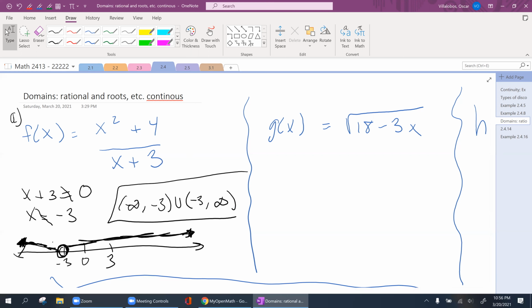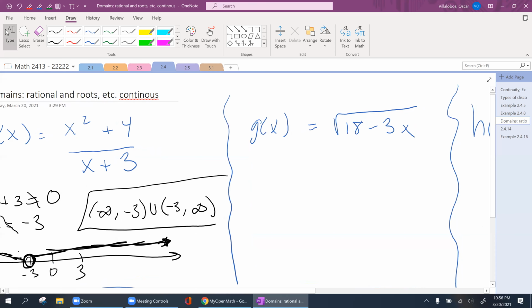Another way to say this is that the domain in which this function is continuous is that domain. It's continuous everywhere on that domain.